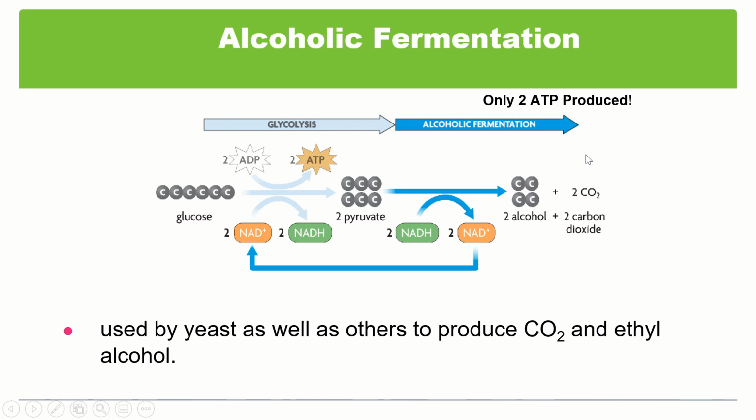Okay? So this CO2 production is why yeast can be used to make bread rise, because they produce CO2 in this process as they are breaking down the glucose, creating some energy, and that CO2 is what causes the bubbles in the bread and causes the bread to rise. Okay? And it does produce the ethyl alcohol as a byproduct as well.